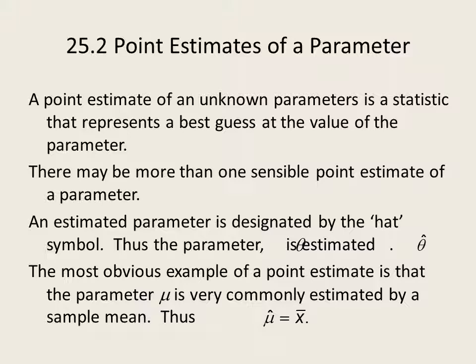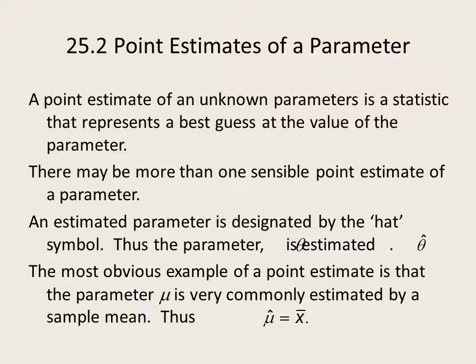There may be one or more sensible point estimates for a parameter, and the estimated parameter is designated by a hat symbol typically. Thus, if we have a parameter theta, our estimate would be theta hat. The most obvious example of a point estimate is the parameter mu, and it's very commonly estimated as the sample mean.